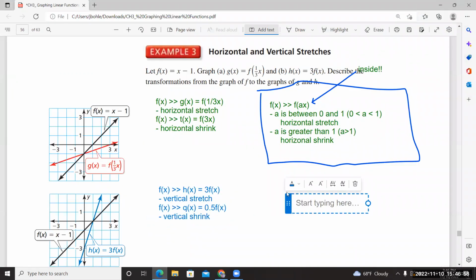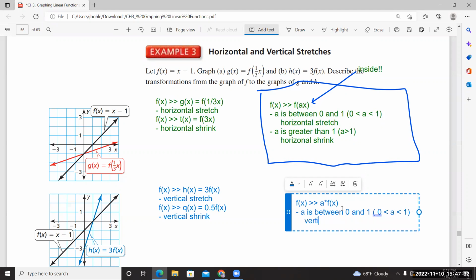Okay, and so then let's go ahead and categorize this. If I have a function f of x and I multiply the outside of the function, I'll put an asterisk there. That means multiplication. So if I take a times f of x, you have to look: if a is between 0 and 1, meaning that 0 is less than a, which is less than 1, what is that going to do?